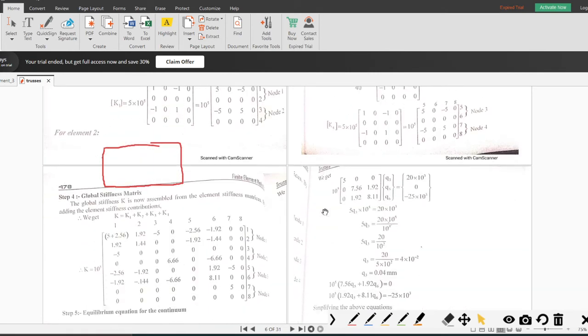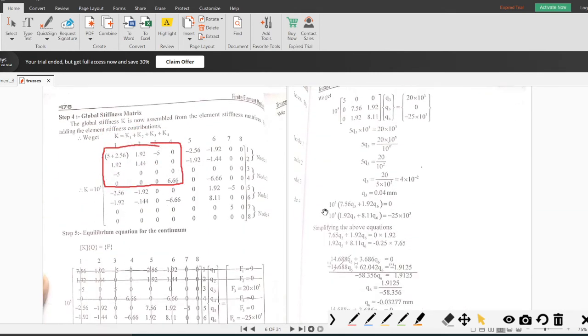Therefore, let us take the first matrix, 1 2 3 4. Next, the second matrix, 3 4 5 6. Where is 3 4? You can directly substitute the K2 matrix values up to here. Up to 3 4 5 6 means up to here. What is the third matrix number?